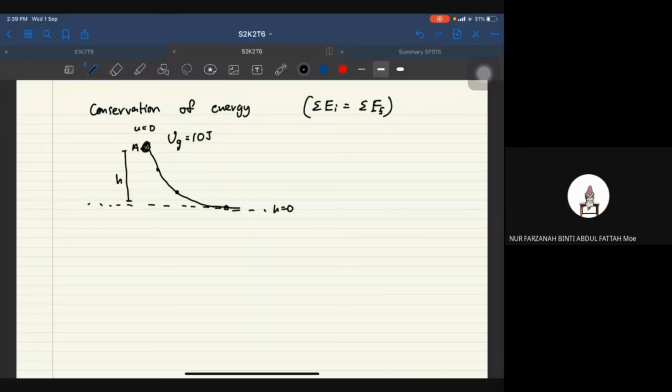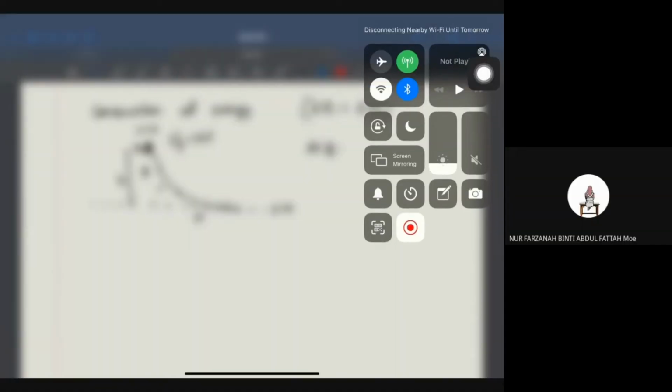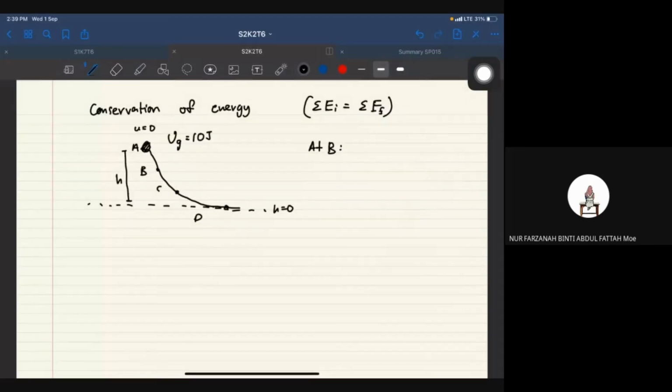Anyway, it falls down here. So you have point B, point C and point D. When it goes to point B, do you think the potential energy increases or decreases compared with point A, its initial position?